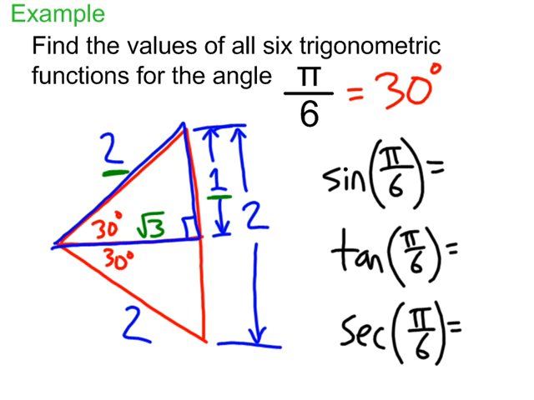All right. So let's recall our ratios. Sine of pi over 6, sine of any angle is equal to the opposite over the hypotenuse. Tangent is equal to what? Opposite over adjacent. And secant, that's the reciprocal of cosine.